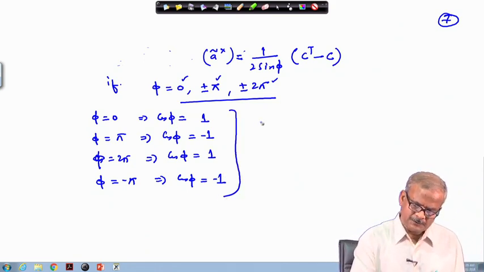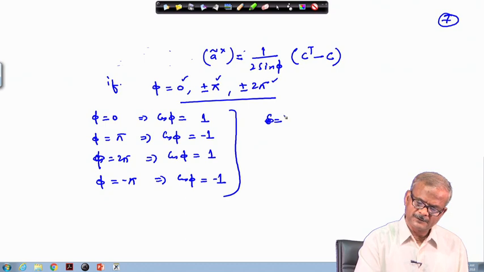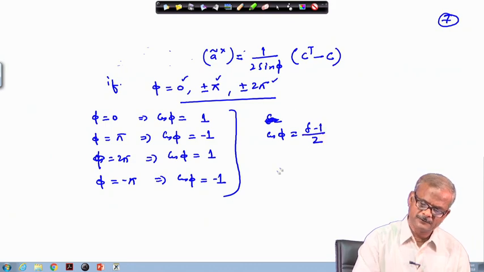The corresponding delta value we can look at, since we have written cos phi as delta minus 1 divided by 2.